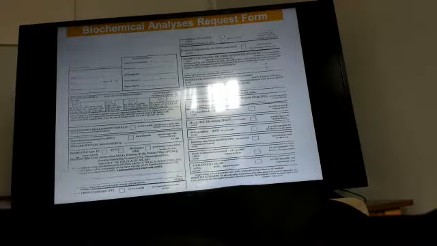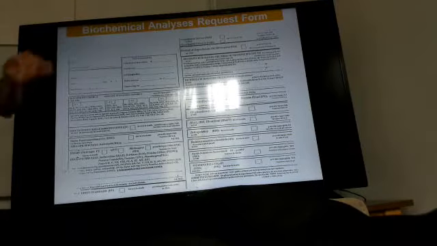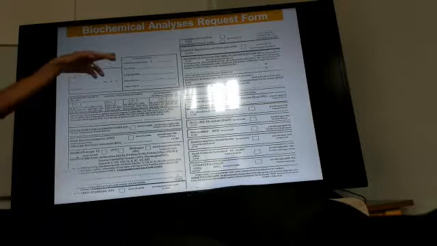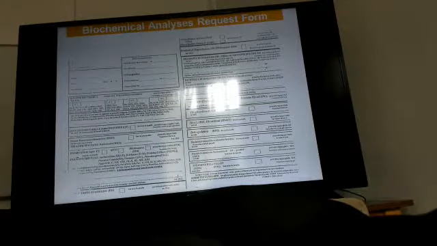Okay, this is an example of a request, just to show you that you have a lot of things to fill in. So it requires at least a few minutes of your attention. So you have to fill in here some data regarding the patient, so the sex, name, surname, day of birth, and what is the clinical department sending the request.